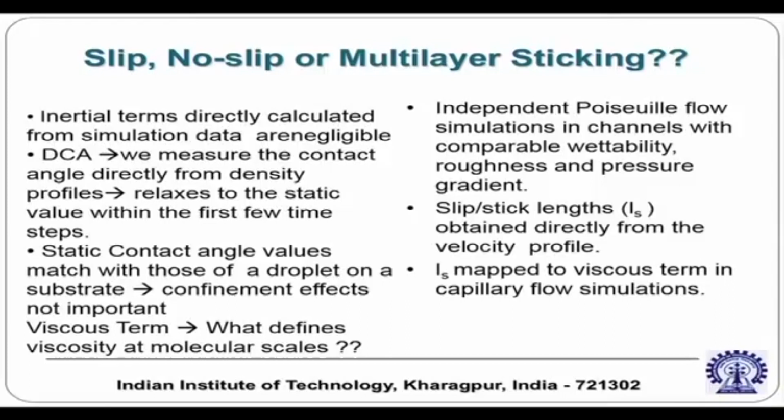So we try to look into various issues, like whether there is any role played by the dynamic contact angle, with molecular dynamics simulations, which are essentially simulations of the explicit dynamical features of the molecules. You can extract all sorts of data. So we can ask ourselves: is the dynamic contact angle important, is the variation of viscosity close to the wall important, is the slip important, and what is the slip.